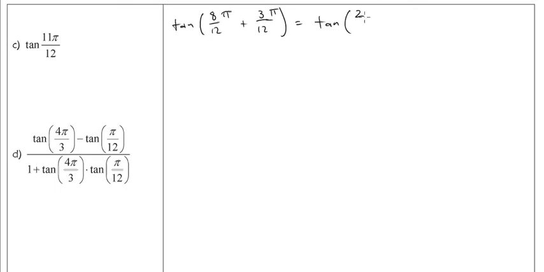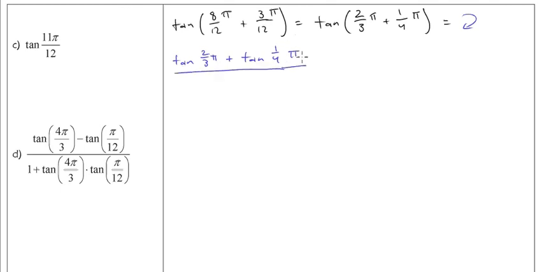So tangent of 2/3 pi plus 1/4 pi is equal to tangent of 2/3 pi plus tangent of 1/4 pi, divided by 1 minus tangent of 2/3 pi times tangent of 1/4 pi.